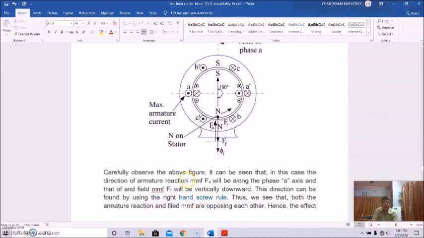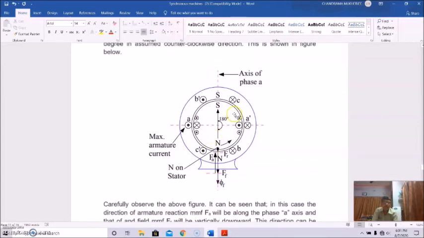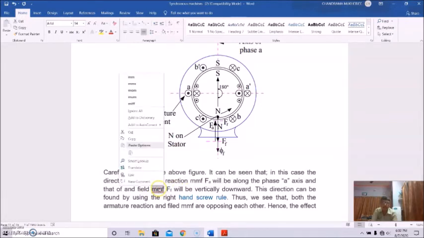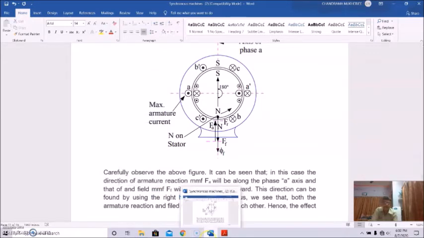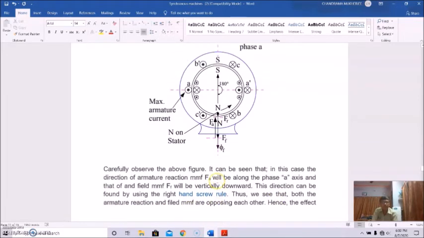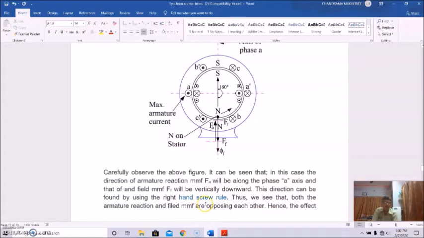So FA will be along the axis of phase A, that is upward, and field MMF FF will be vertically downward. This direction can be found by using the right hand screw rule also.